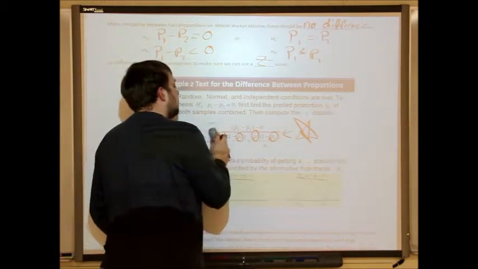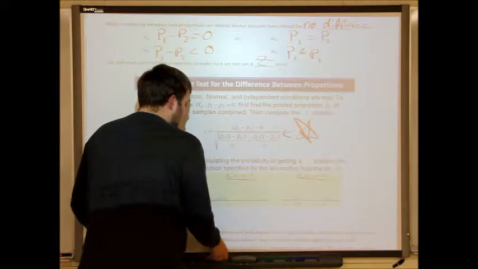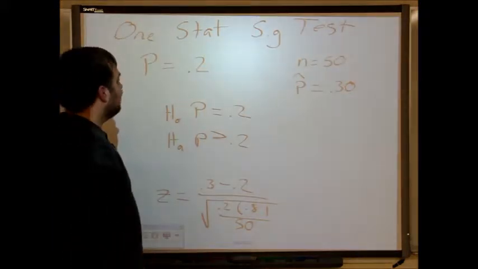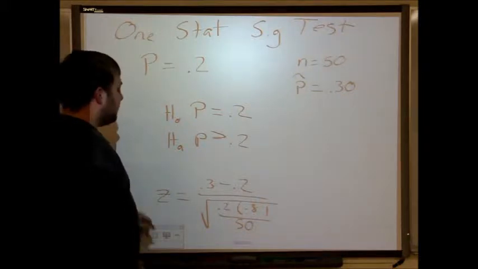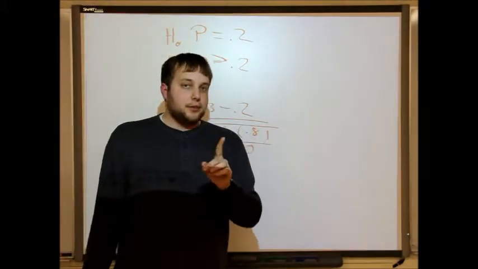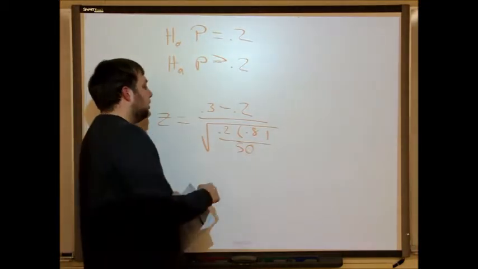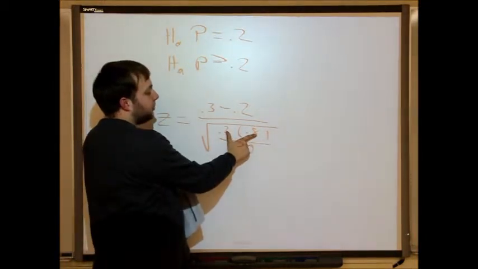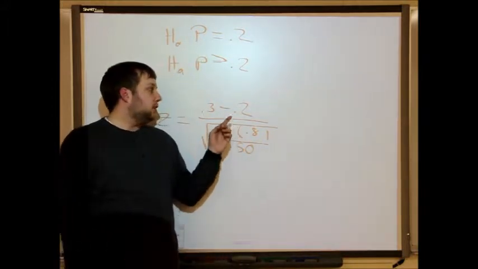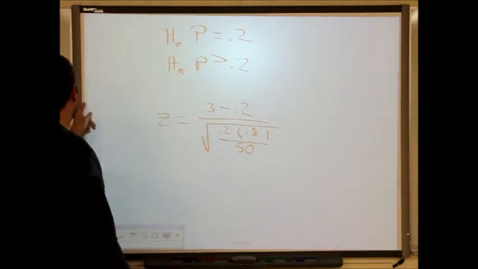Alright, well, let me bring you back, and the reason why I did that first problem here is, remember when we use a z-score just for a one-proportion test, what percentages do we use down here? Do we use what we got?